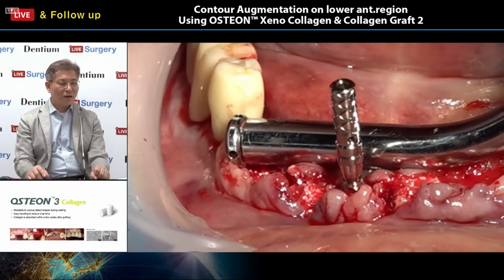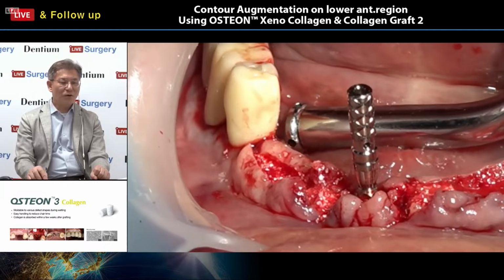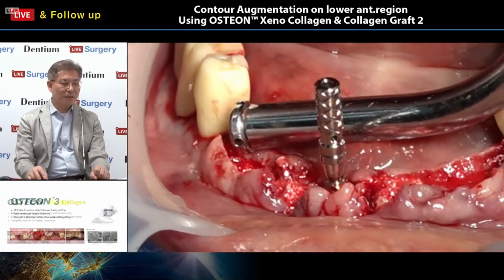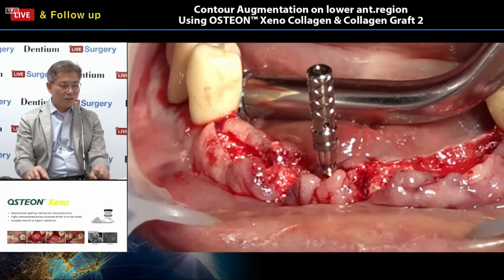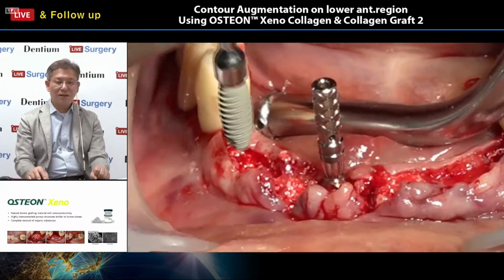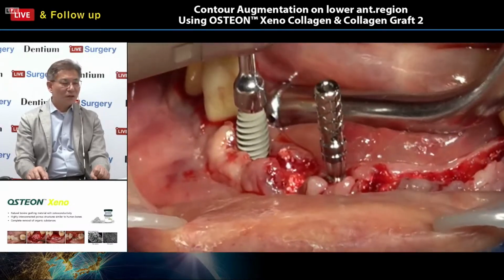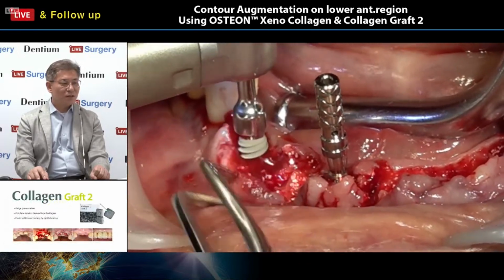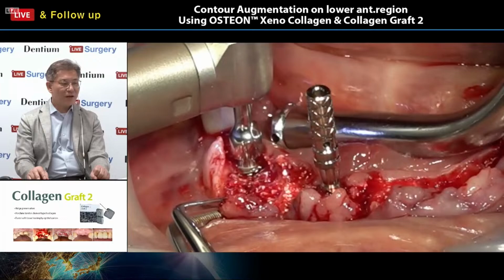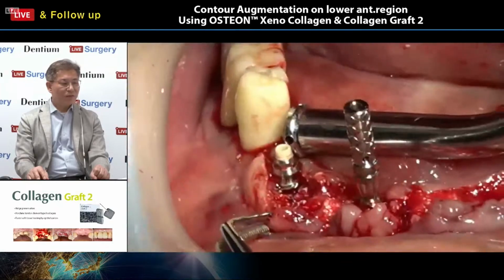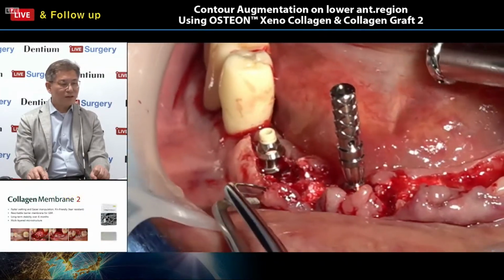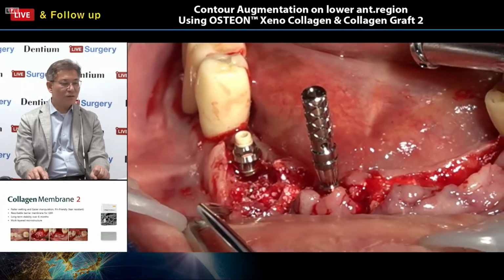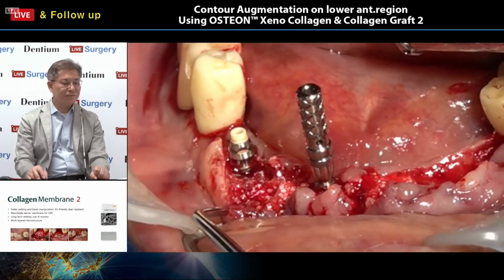Okay. One, two, three small pieces of Osteogen collagen were inserted for the alveolar ridge preservation, and a 4.0 diameter, 11 millimeter tissue level implant was inserted on number 44 socket area.